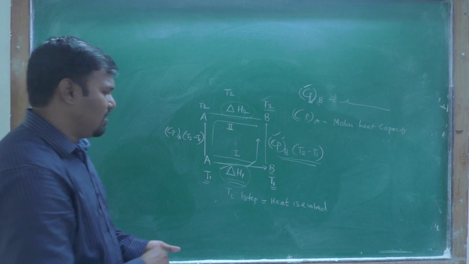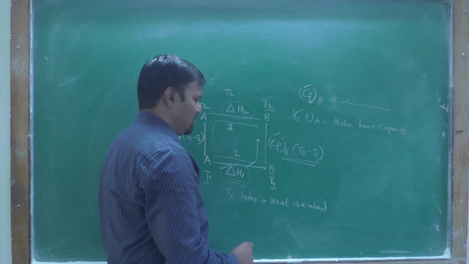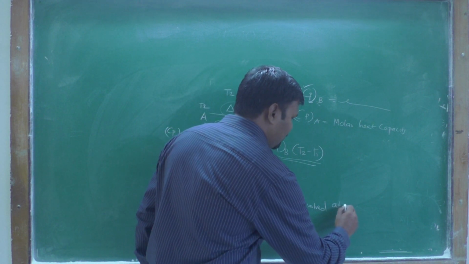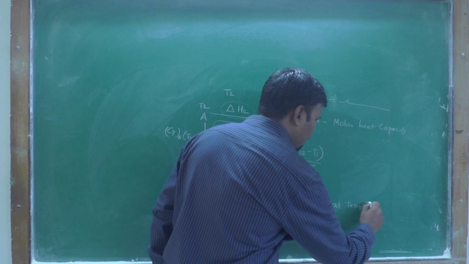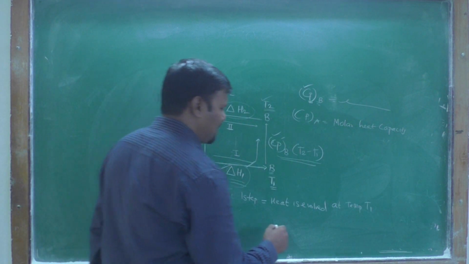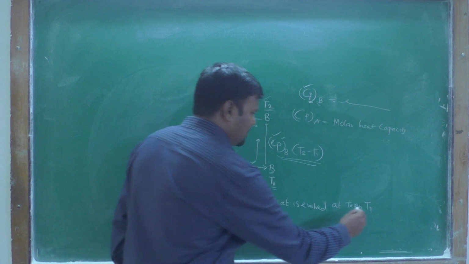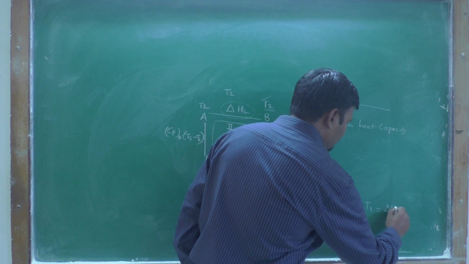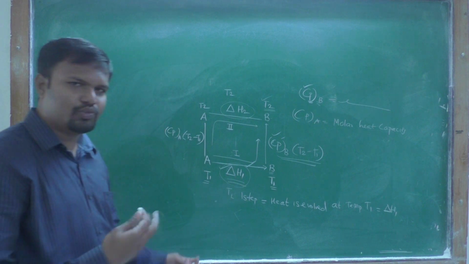In the first route, in the first step, heat is evolved at temperature T1, and that particular heat is given by delta H1.